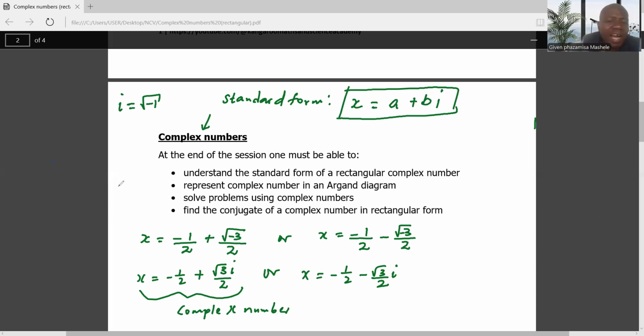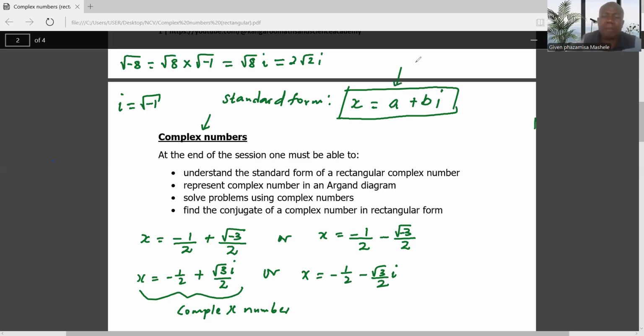So for example, if we have the root of -8, this will be the root of 8 multiplied by the root of -1, which is just the root of 8 i, which you can also write as 2 root 2 i. I apologize, 2 root 2 i.